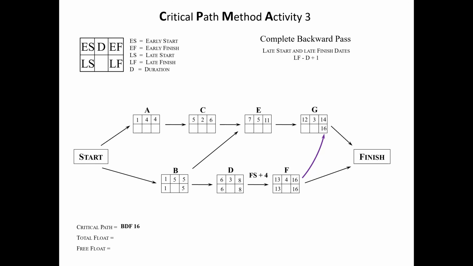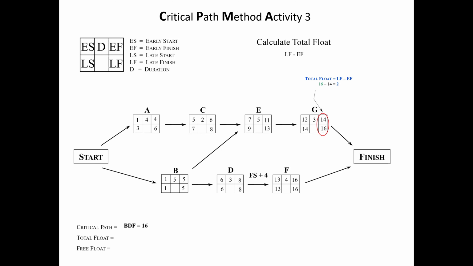So you move your 16 up here to the late finish of the non-critical path. And then you do 16 minus 3 plus 1 was 14. And then you move it down to 13, coming back. 13 minus 5 plus 1, 9. Drop it down again. 8 minus 2 plus 1, 7. 6 minus 4 plus 1, 3. You can stop the video at any time, remember.